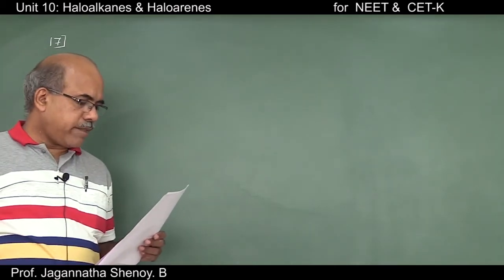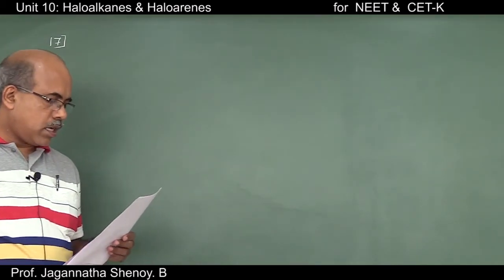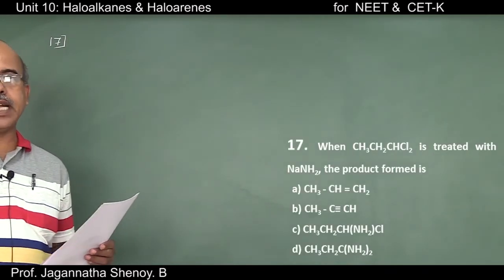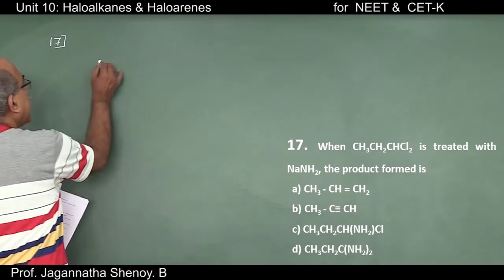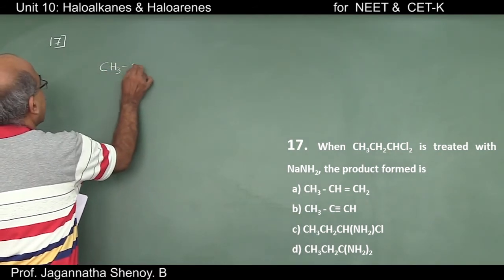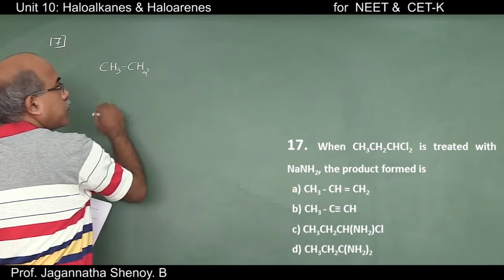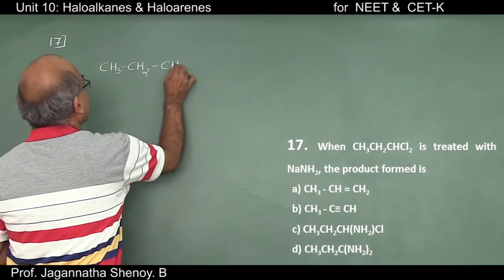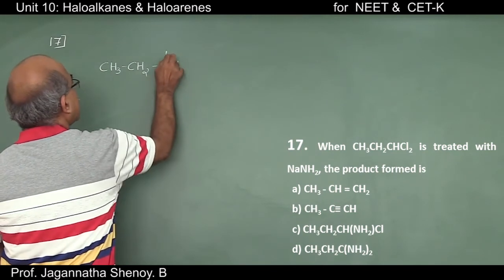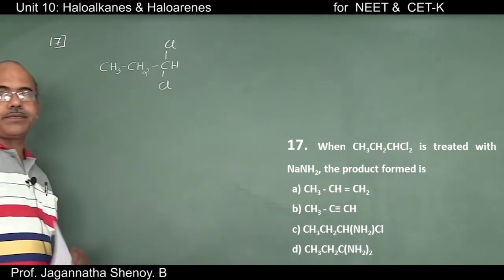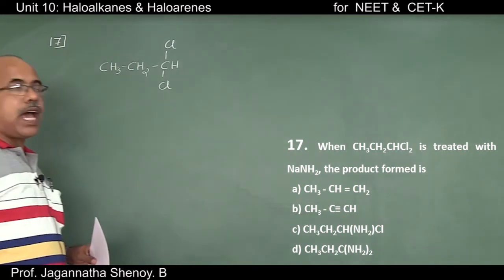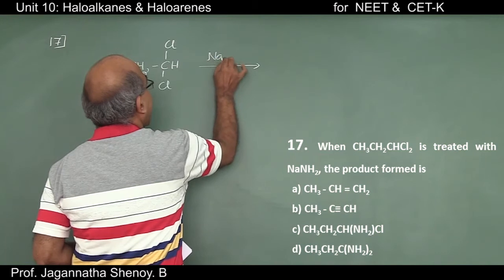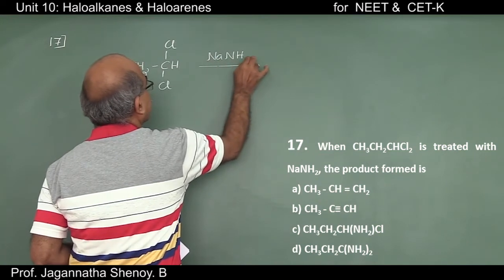When we move over to 17th question, when CH3CH2CHCl2, I'll represent it like this. CH3, it is CH2, thereafter I have CHCl2. And I'll treat it with sodamide, NaNH2.